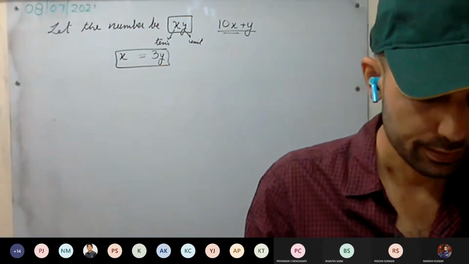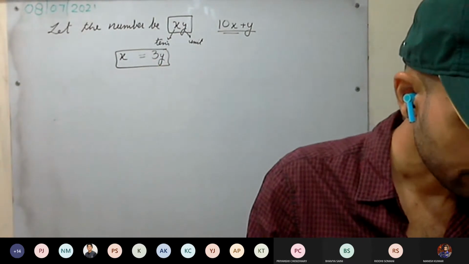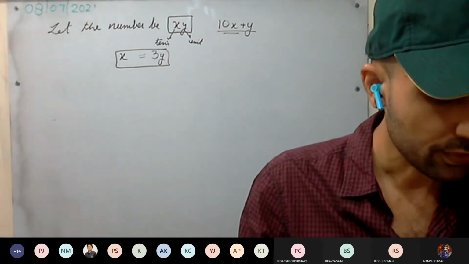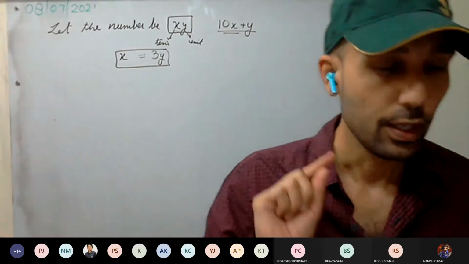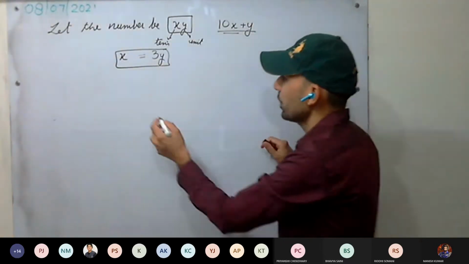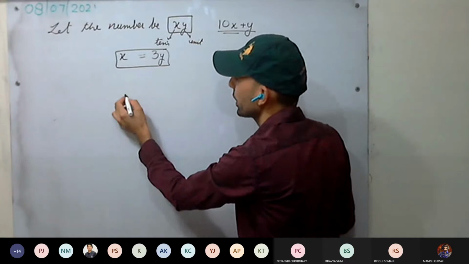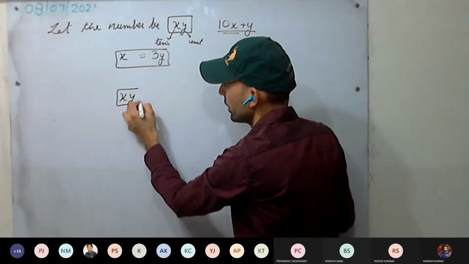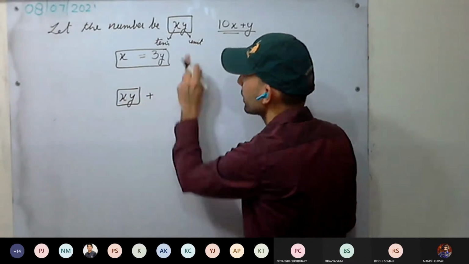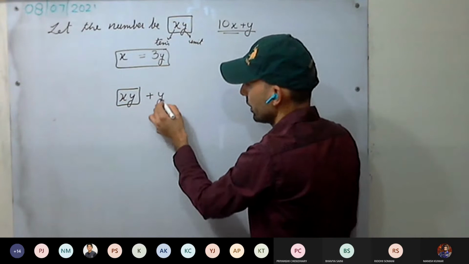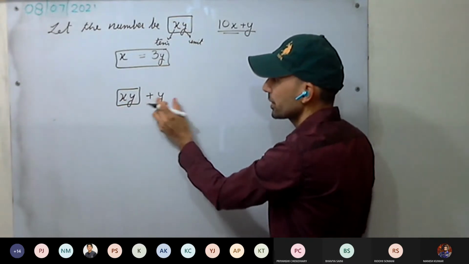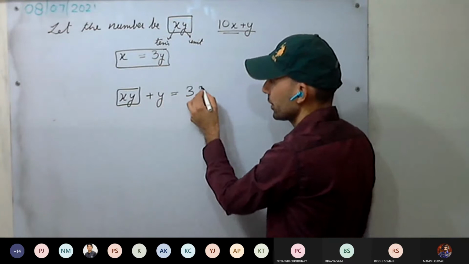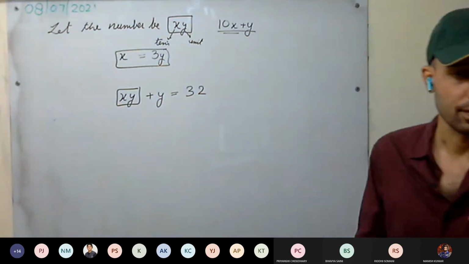Second statement. What is the second statement? The sum of the number and the unit digit is 32. The number is xy, and the digit at the unit place is y. So the sum of the number with its unit place digit is 32. This is given.